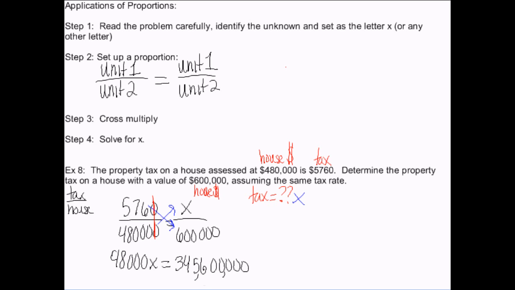Then I divide both sides by 48,000. So the $600,000 house would have $7,200 in tax.